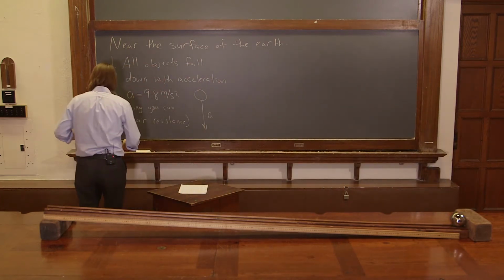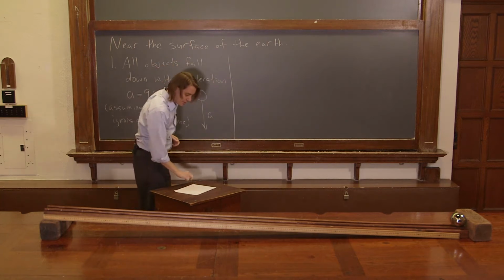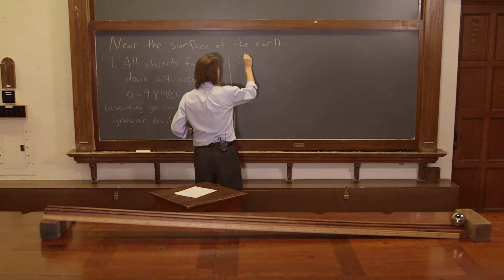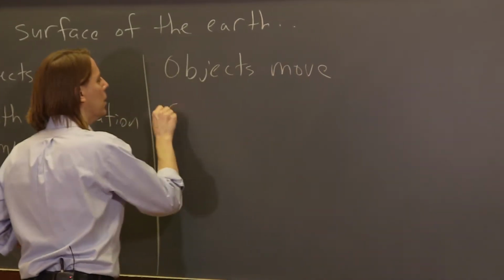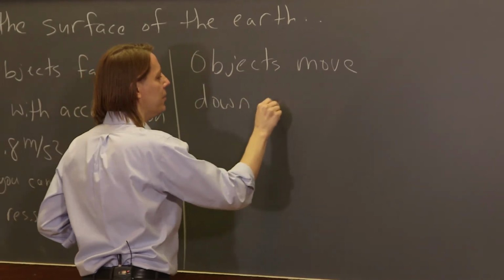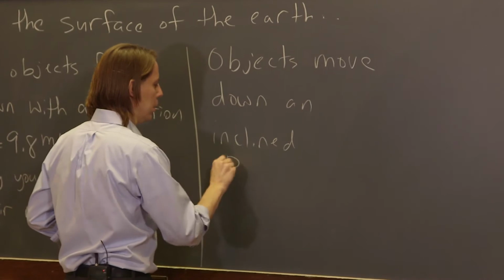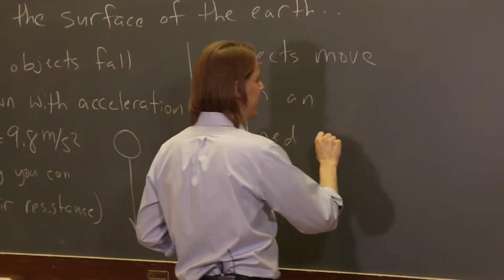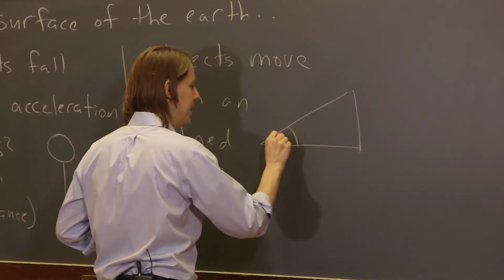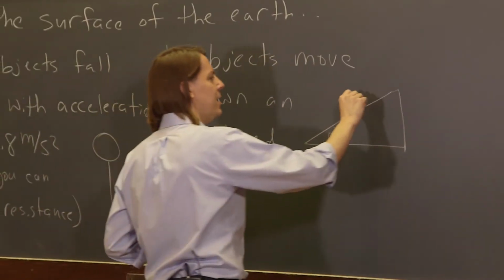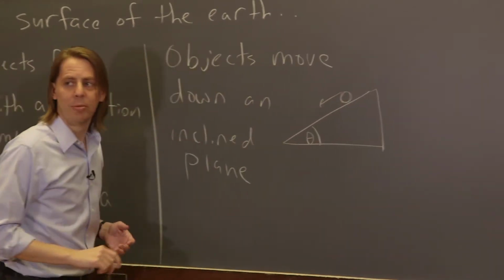And now we're going to talk a little bit more about acceleration near the surface of the Earth. Another case you might encounter is that objects move down an inclined plane, and by that I mean something set up like this, and it has some angle theta, and it's either a mass sliding or a ball rolling down the plane.